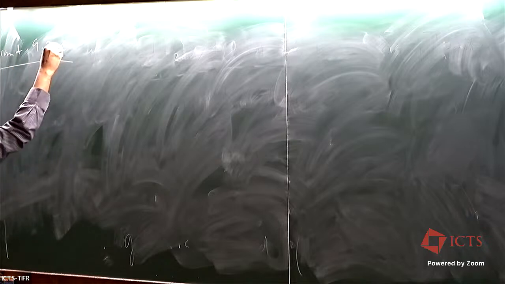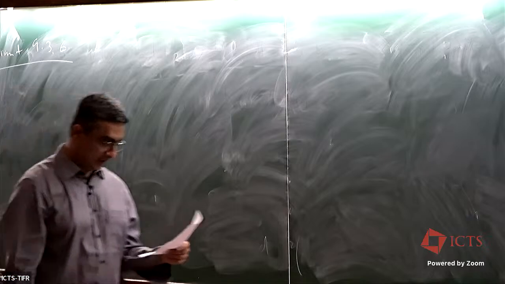Okay, so a variant, 9.3.6 in Diamond-Shurman. Again, instead of using a point of order n, which is an embedding of Z mod n inside E-reg, you can look at embeddings of mu_n in E-reg.